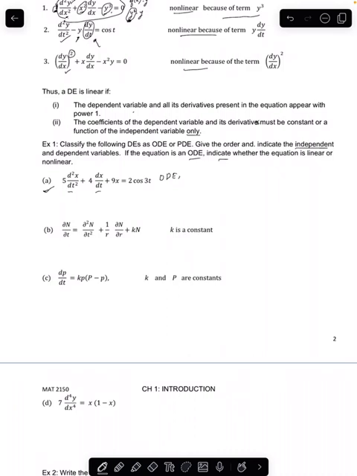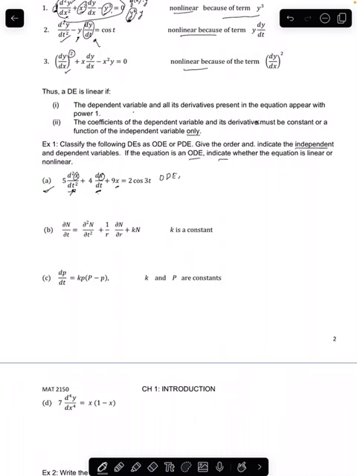So you see here we are taking the derivative of x with respect to t. Okay. So what does it look like? This is the second derivative of x with respect to t. This is the first derivative of x with respect to t. This is the quantity x, so which fits our situation.